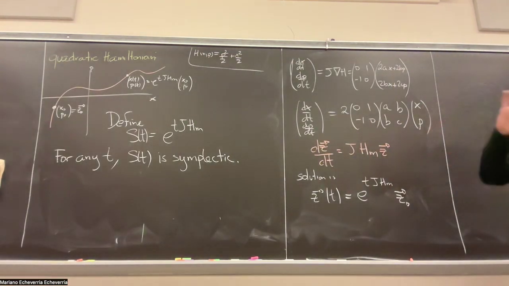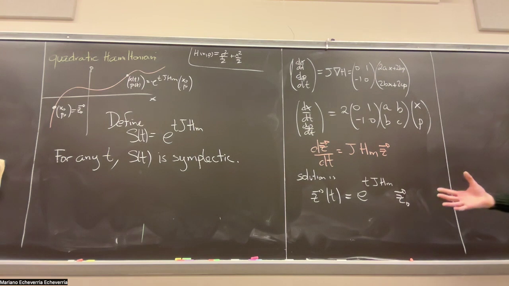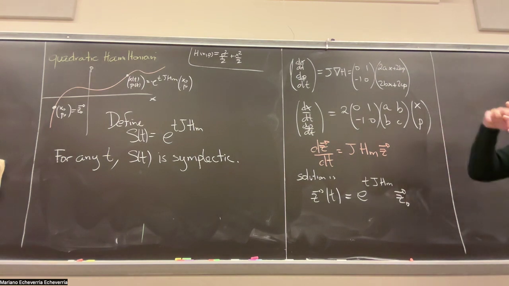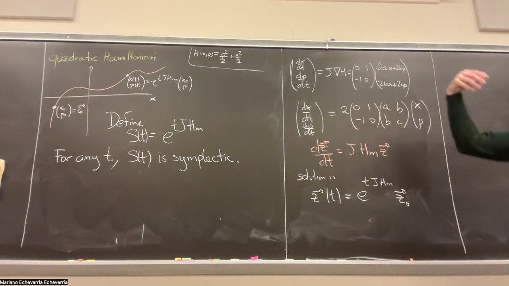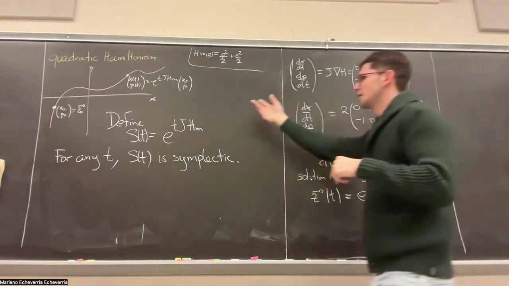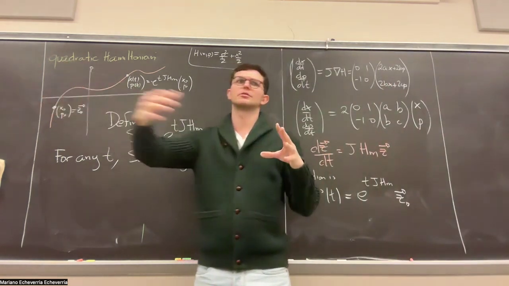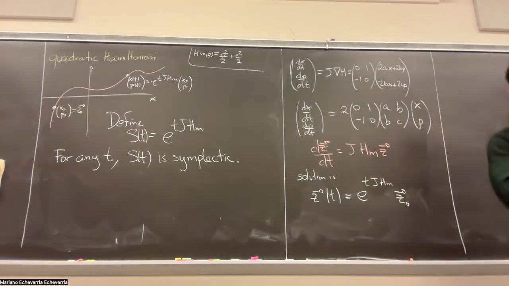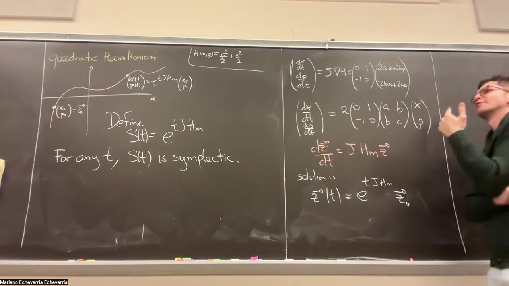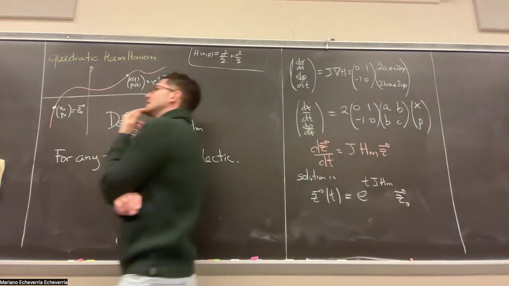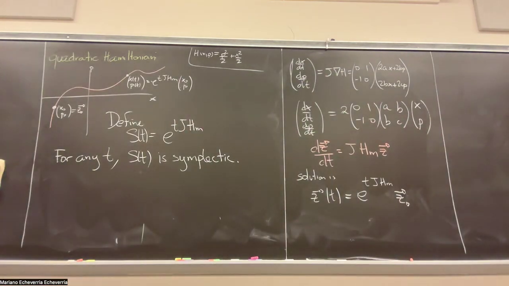One is in terms of this change of coordinates interpretation, but also it's in terms of how you relate the state at time t with the state at time zero, through a symplectic matrix. Is that making sense? I don't think necessarily you had to believe that had to happen just from how a symplectic matrix was defined, right? But it is a key thing.